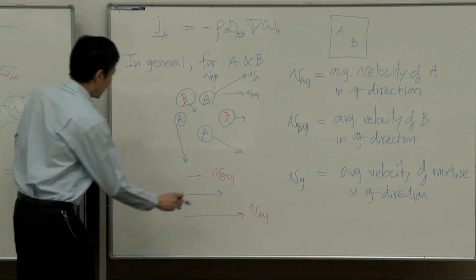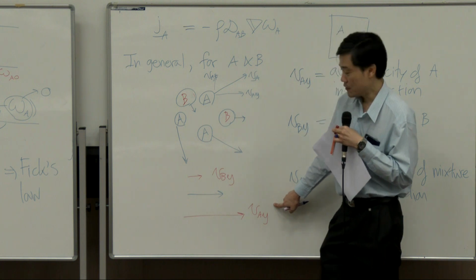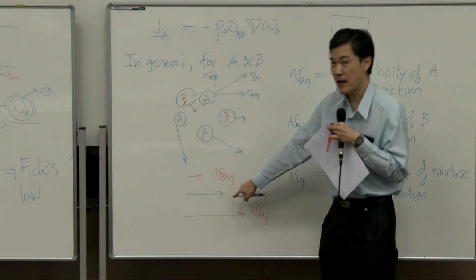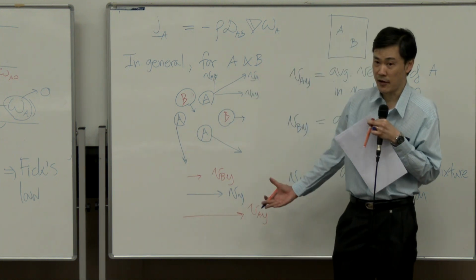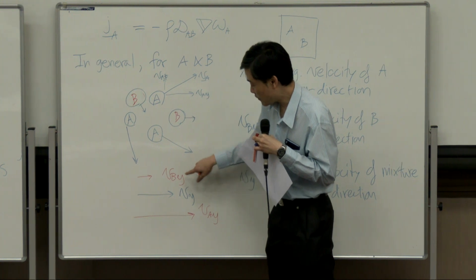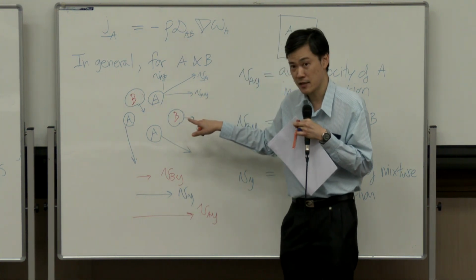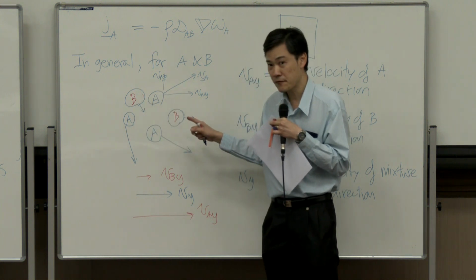Does it have to be exactly half of this? Do we have to add them up and divide by 2? Is this Vy? Not necessary. It depends on what? First, it depends on the velocity of each species. Secondly, it depends on how much we have.